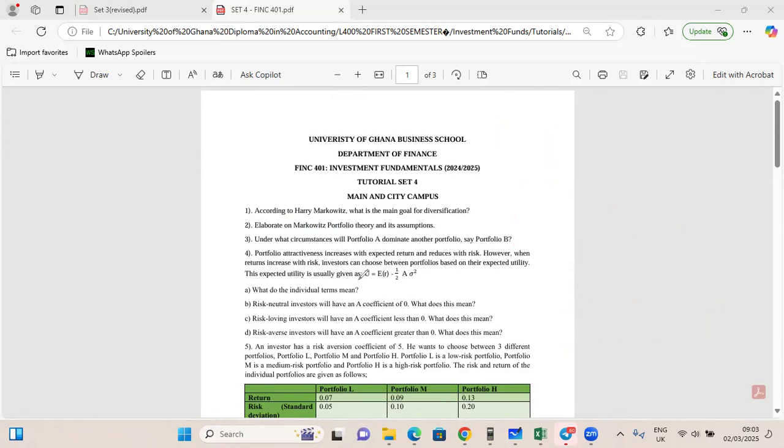This expected utility is usually given as U equals the expected return minus a scaling factor, the coefficient of risk aversion, times the variance or standard deviation squared, right? The question here is: what do the individual terms mean? So question 4A, right?